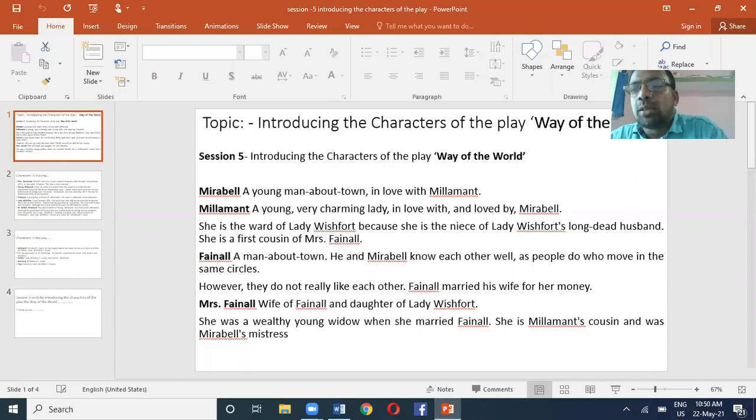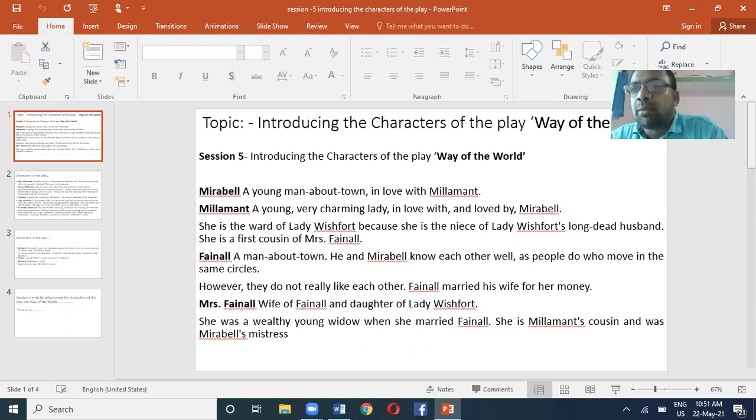To study the play, to read the play, to understand the play, to get into the play, we need the characters. We want to know the characters. Unless you know the character, there will be confusion while reading and even watching the play.